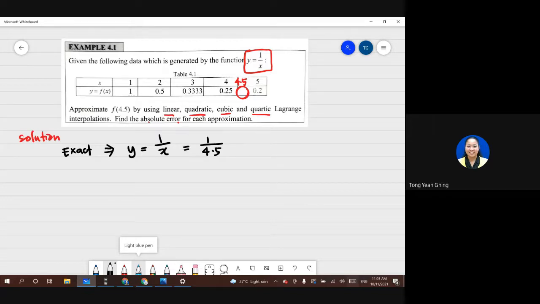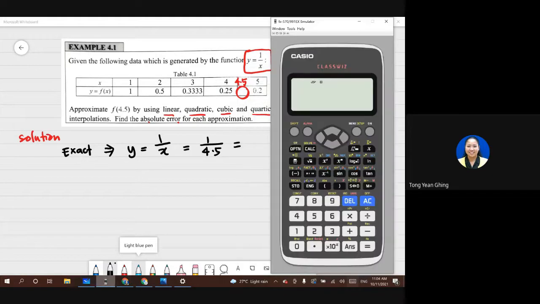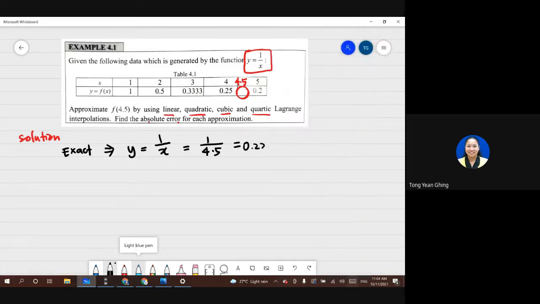We want to find the value of y when x is 4.5. Let's use the calculator. 1 over 4.5, so you get the exact value 0.2222.